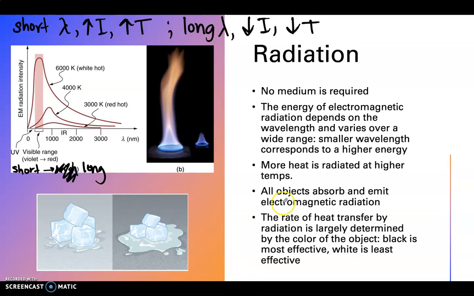When we're talking about the least and most effective, an example would be looking at blacktop versus cement. Cement is more of a gray color, blacktop is black. And when you have ice on both of these surfaces, the one with the black is going to melt much faster, because it is the most effective.